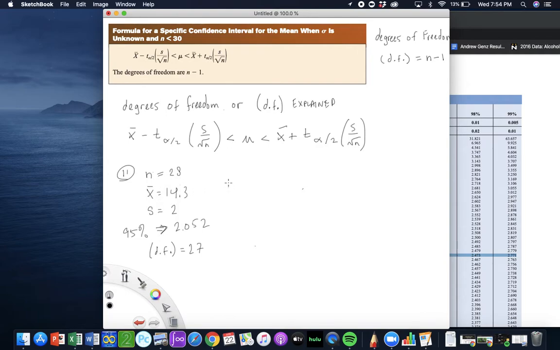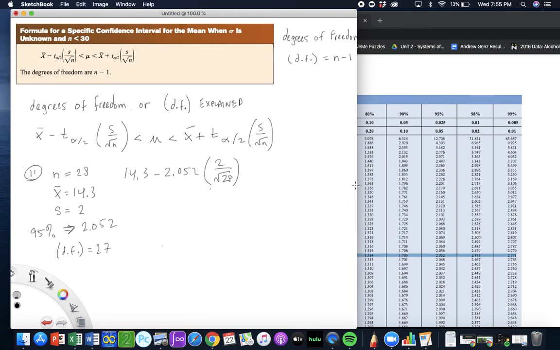So we have the sample mean, which is 14.3, minus 2.052 times parentheses 2 over the square root of 28. Again, that 27 only takes effect when I look at the chart, so it's not going to be the n in here.